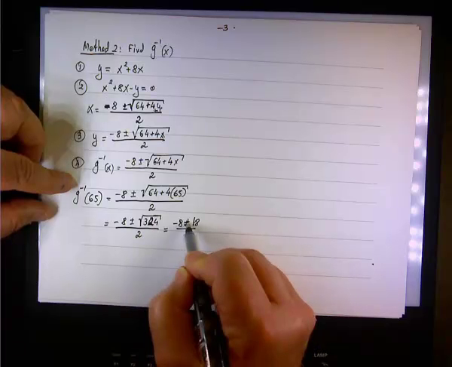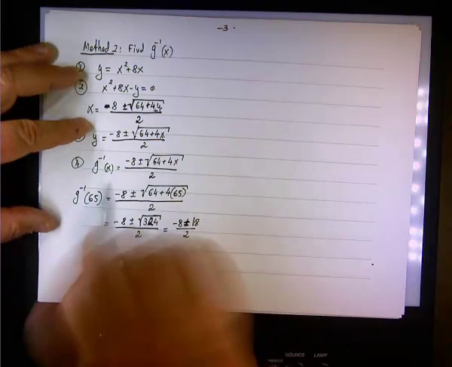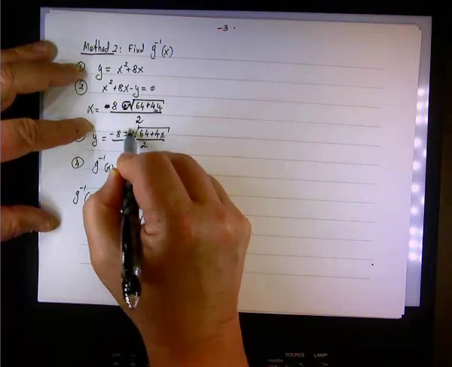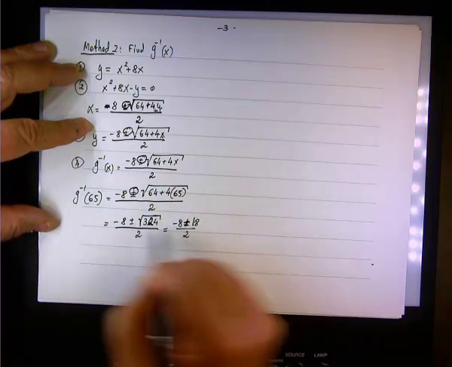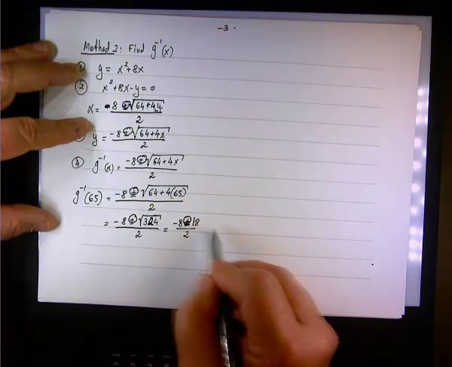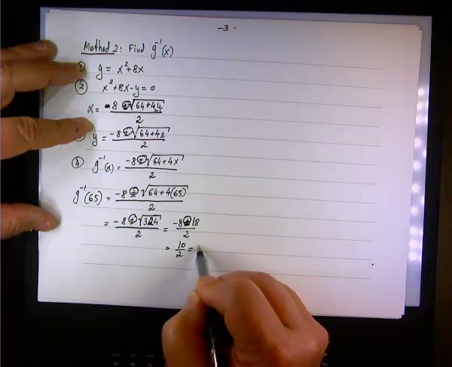I'm not explaining this part well, but it's a side discussion and I don't want to dwell on it. So we're going to take just the positive, and we end up with 10.